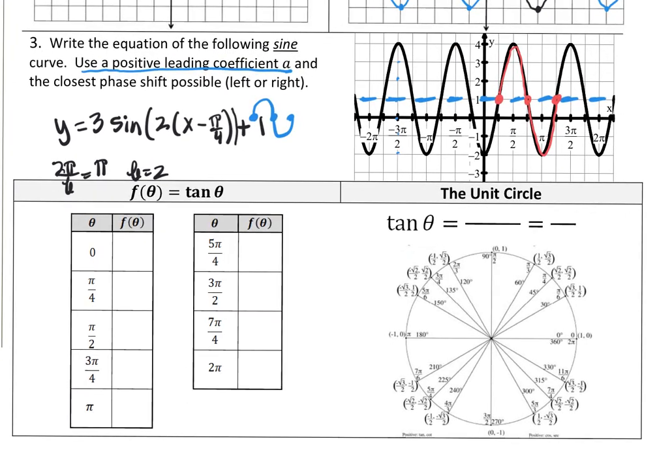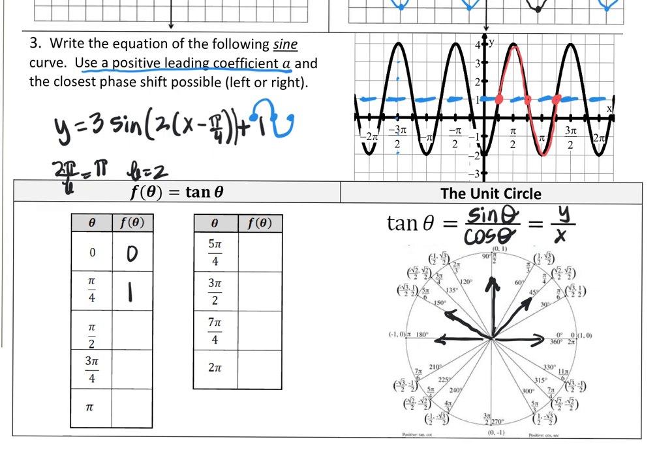Okay, so for tangent, remember tangent is sine over cosine. So it's y over x. So when you're looking at these, tangent of 0, that's 0. Tangent of, notice they got pi over 4 here, so we're using those values to find out what tangent is, all the way like this. This would be 1.